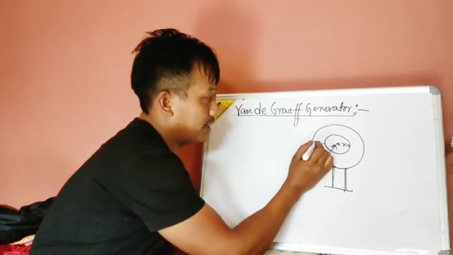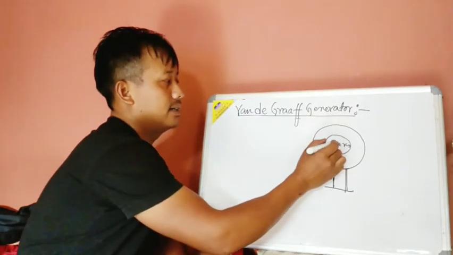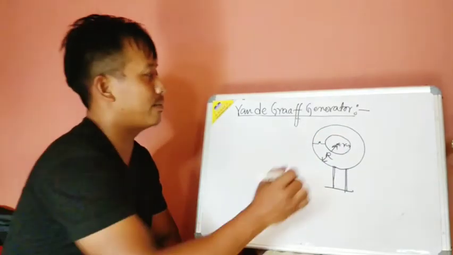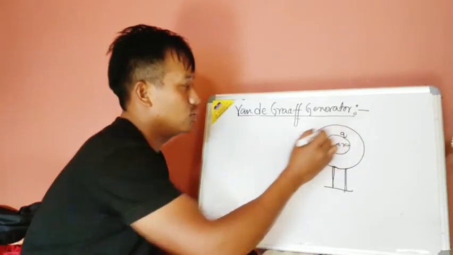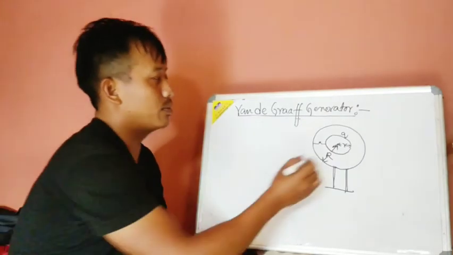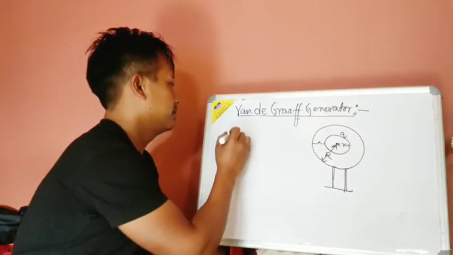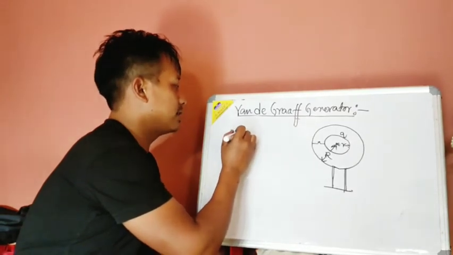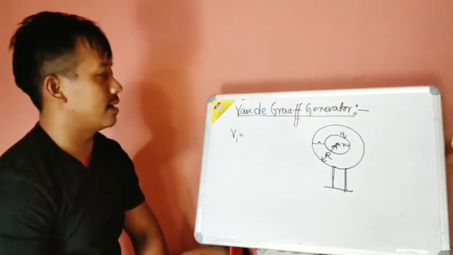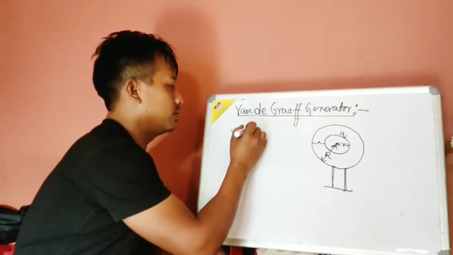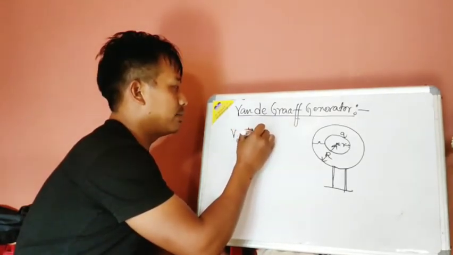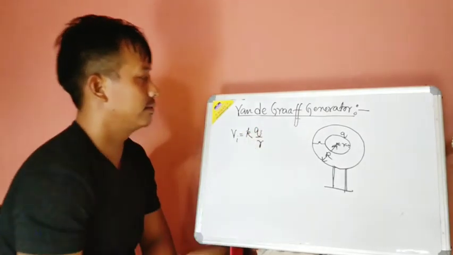If they are connected, initially the inner cell is charged by an amount of charge, let us say Q. Then how much will be the potential at the center? The potential at the center due to the inner cell, Vi, will be K Q divided by r.